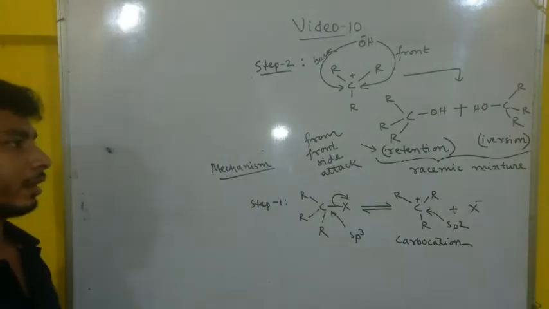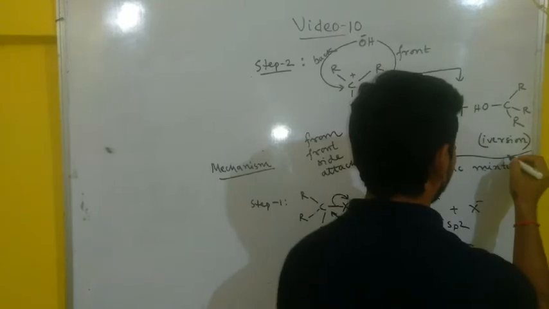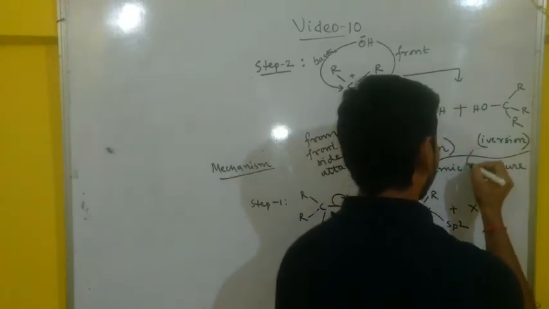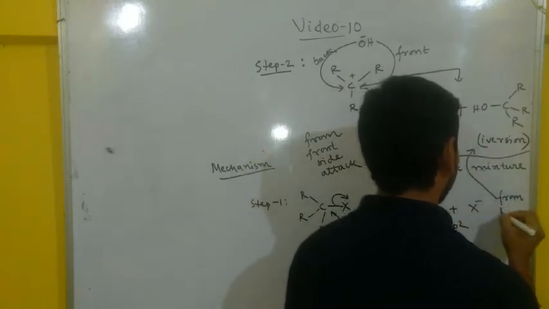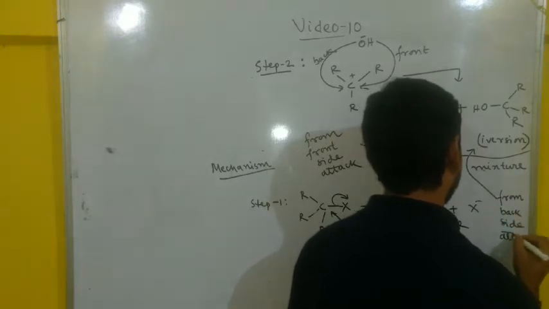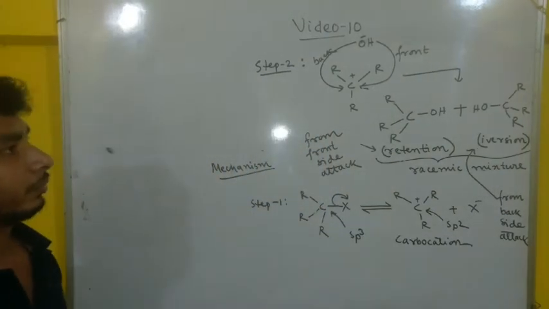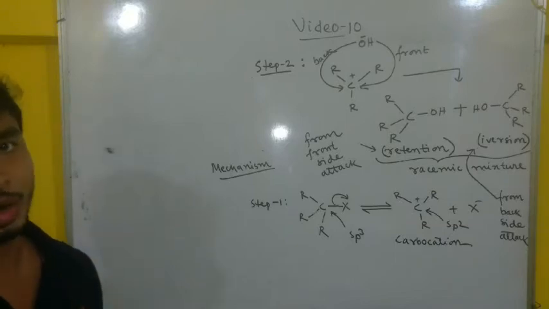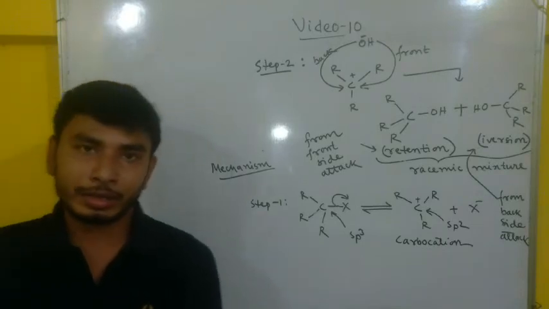Retention product is generated from front side attack, and inversion product is generated from back side attack. So this is about our SN1 reaction. So let us just review the SN1 reaction.